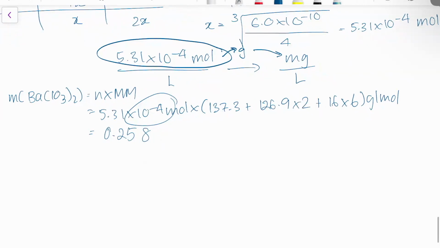What molar mass did we get? That was 5.3171 times 10 to the minus 4. That's moles, yeah. What's the molar mass if you just sub this in?